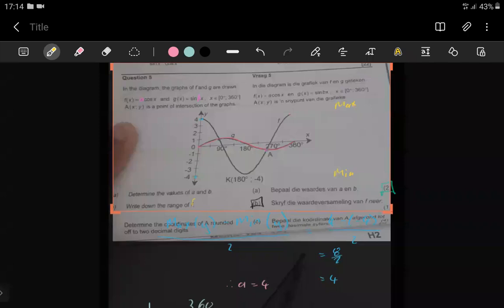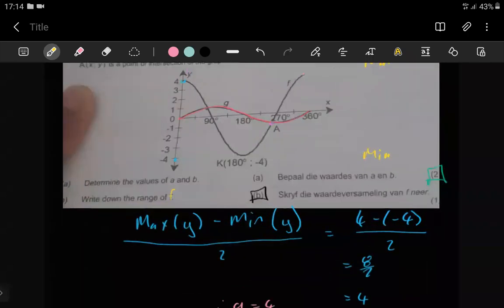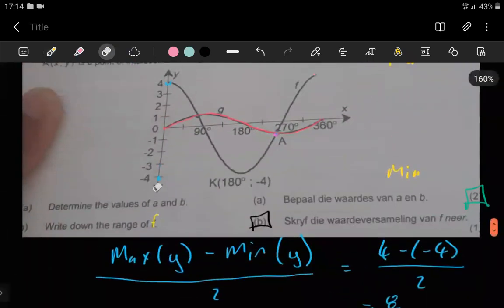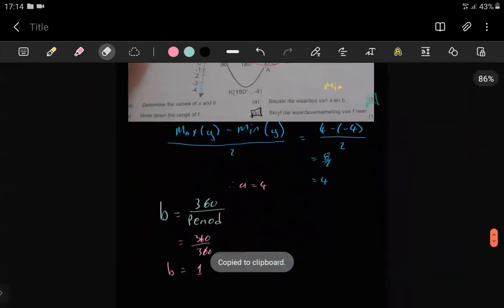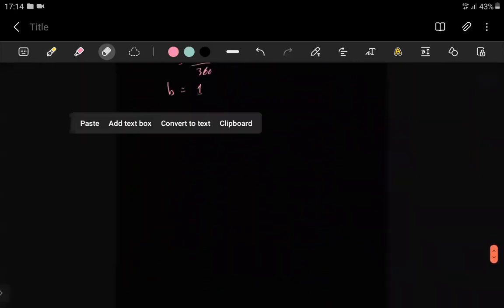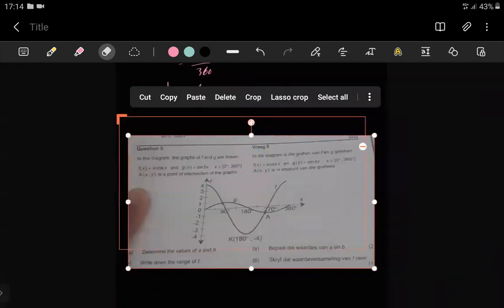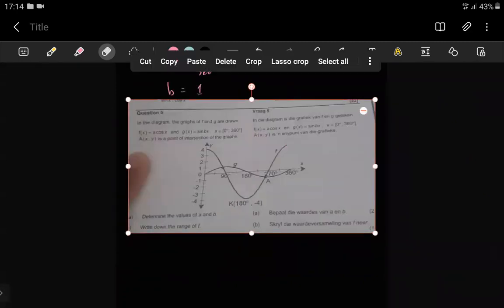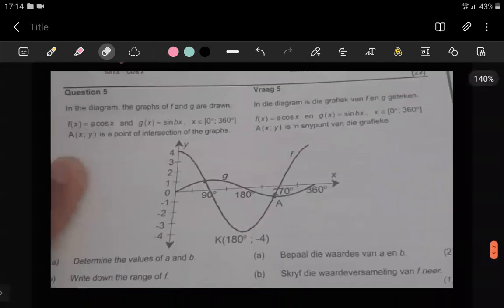Pardon? Yes. Range is for y, remember. Do you include the... Oh wait, you keep on saying something. Oh, sorry. Yeah, please repeat again.